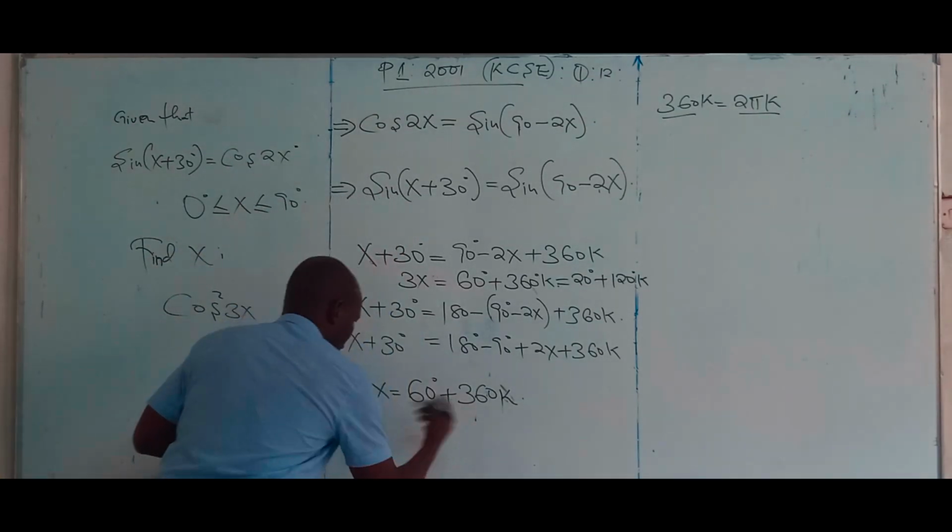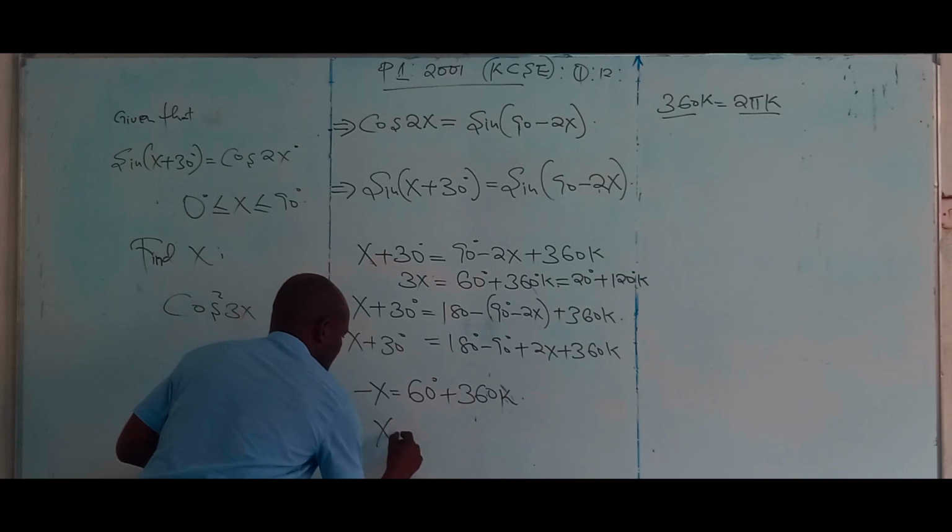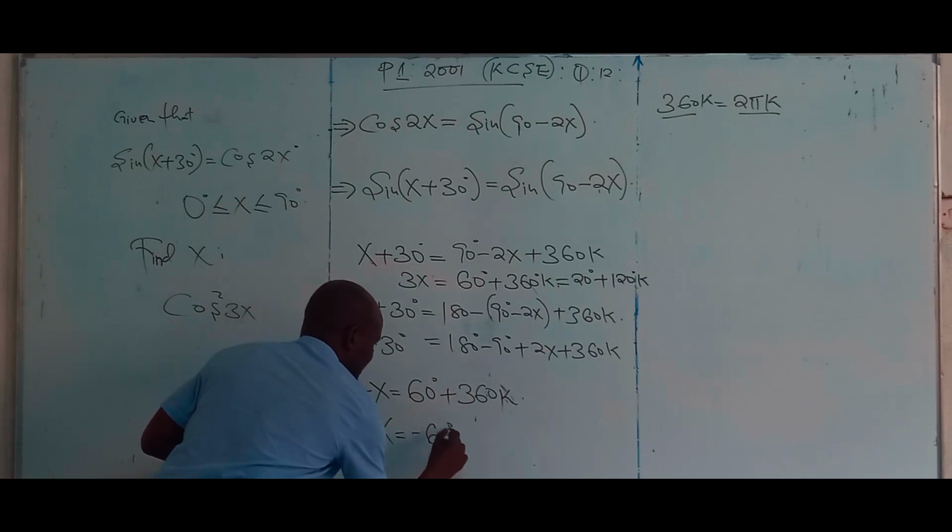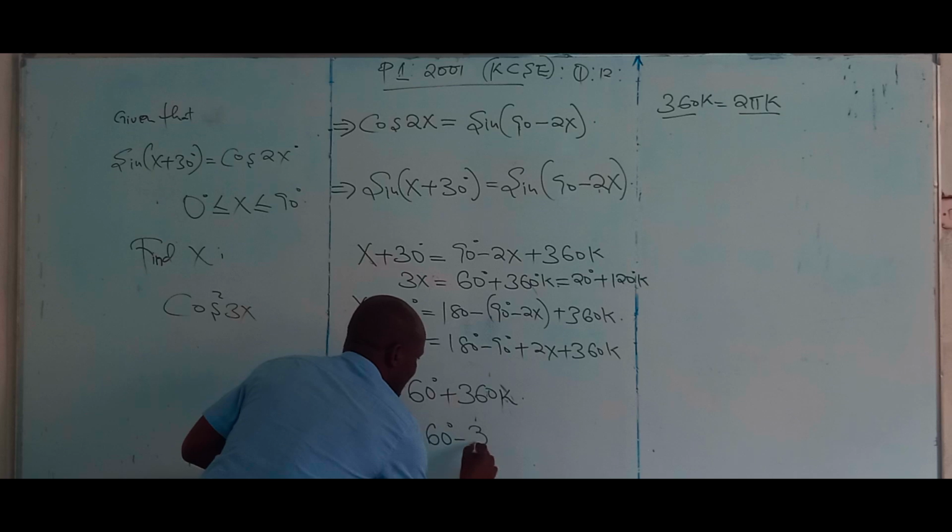This being a minus, we can write it as x is equal to minus 60 degrees minus 360K.